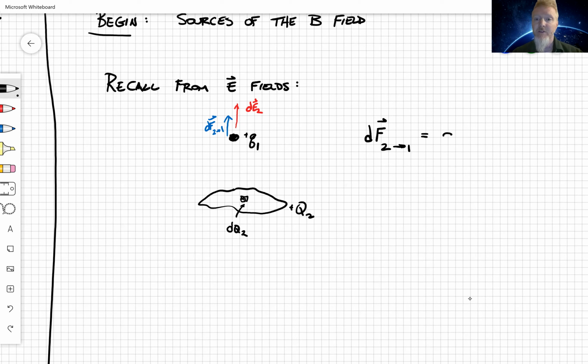We would have said that's Q1 times dE2. Okay. So it's the charge Q1 that is sitting in the electric field dE2 made by charge dQ2. All right. So that's kind of where we were at.